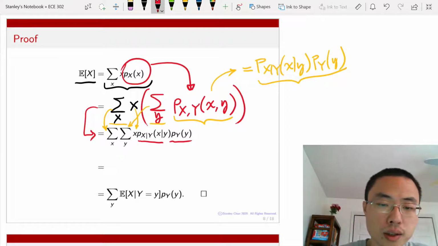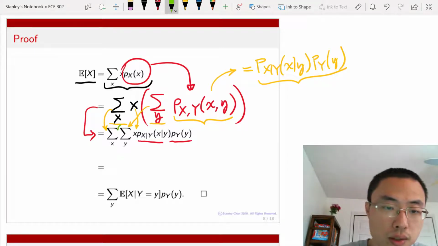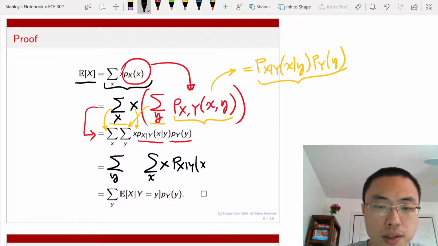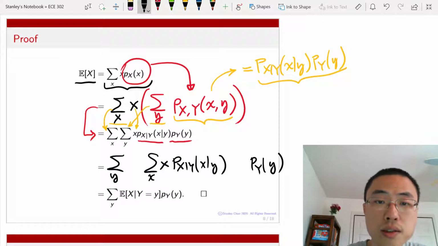And then we can try to look at the terms. How about we switch the order of the summation first? Let's take the summation over x first. Now you have x and then p_{X|Y}(x|y), and then there is a p_Y(y) here.